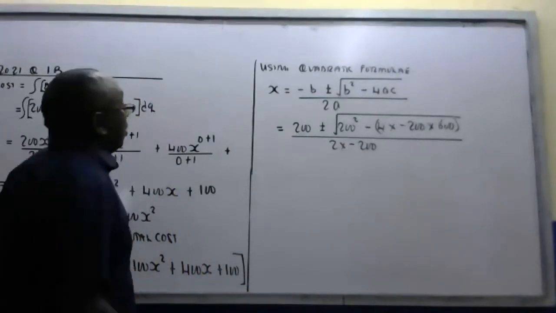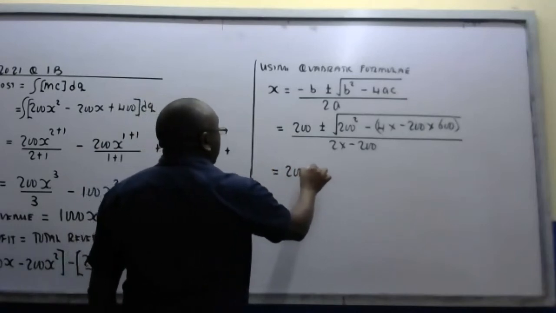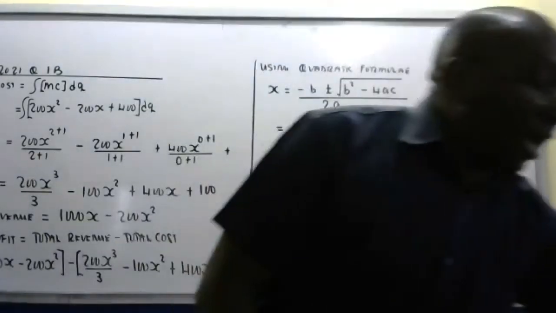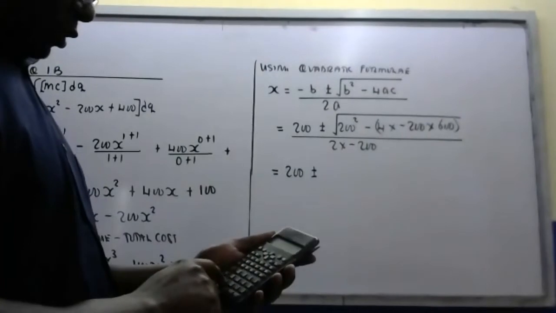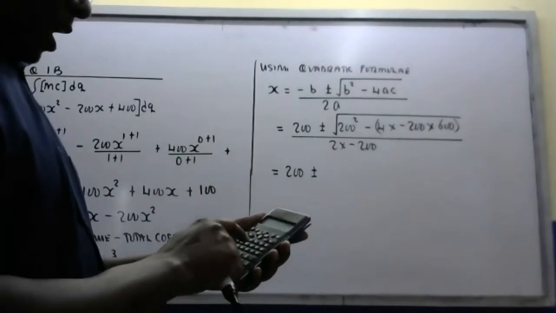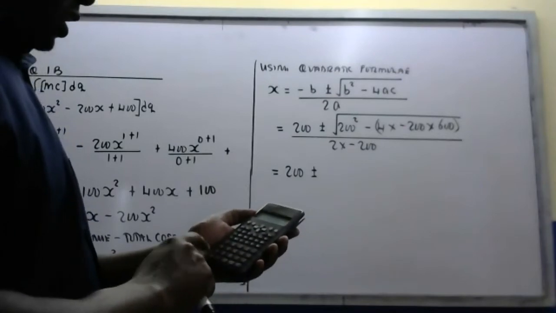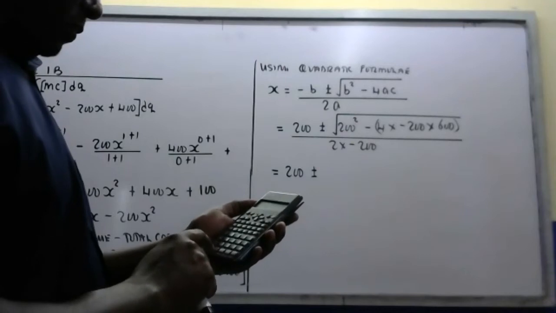So with that now, this becomes 200 plus or minus. We get the calc and solve that. The same: 200 squared minus, open the brackets, 4 times minus 200 times 600, close the brackets.